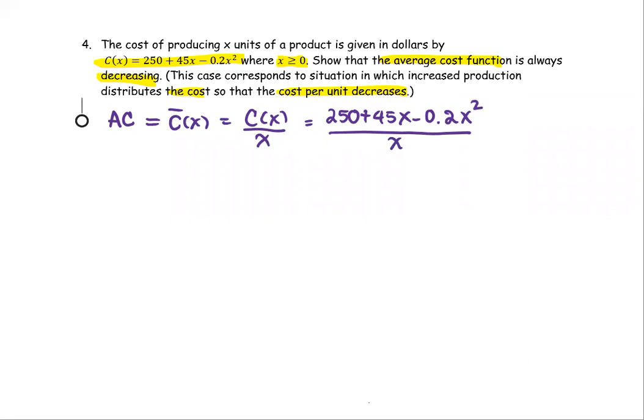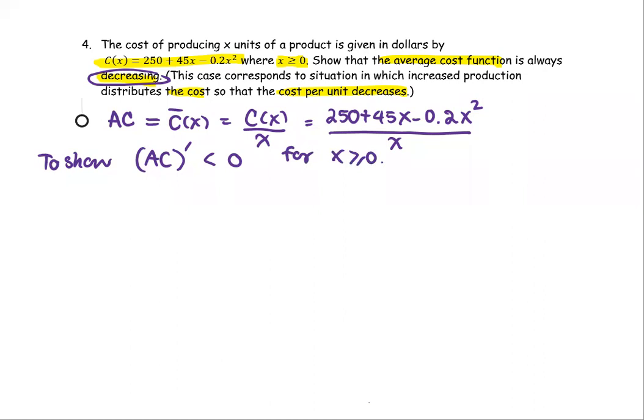To show this average cost function is always decreasing, we're going to show the derivative of the average cost function is always negative, or always less than 0, for x greater than or equal to 0. We're going to work on finding the derivative.